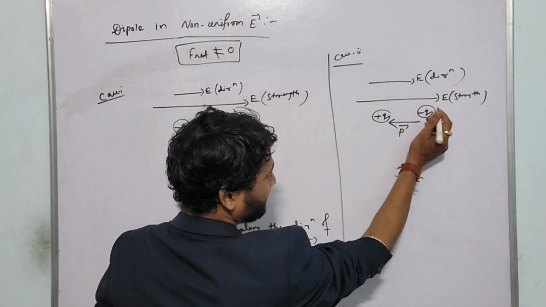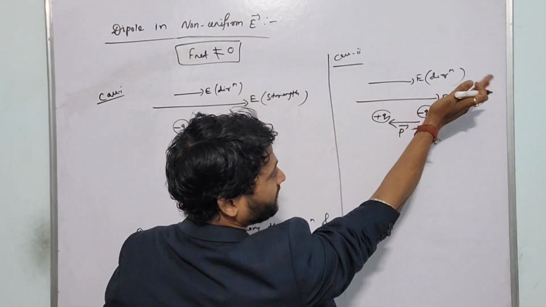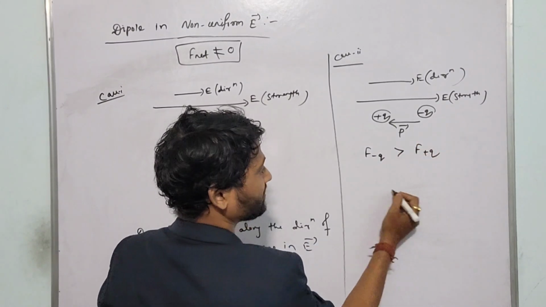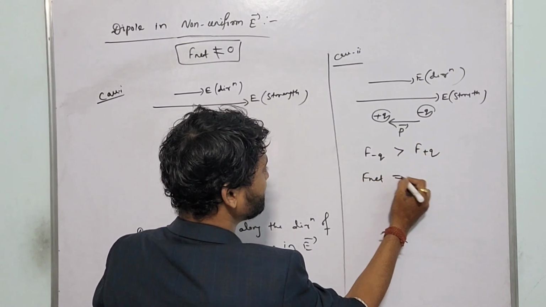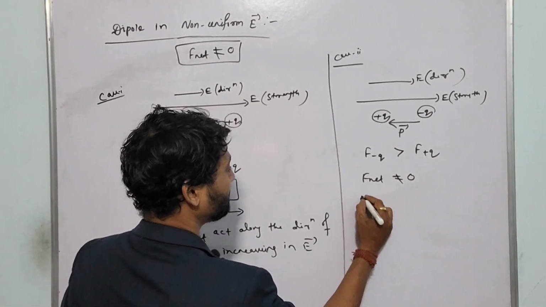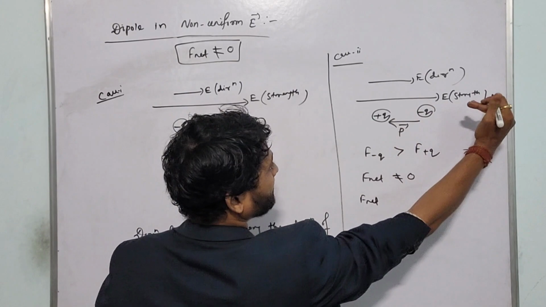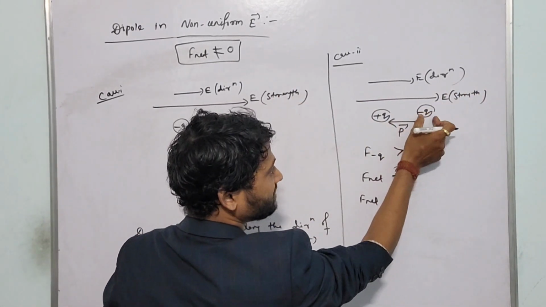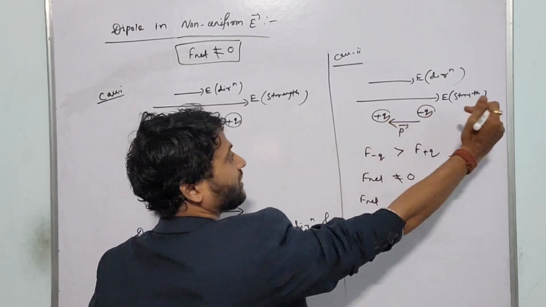See, obviously since field strength increases from left to right, force on minus q will be more than force on plus q. That means net force is not 0. And what is the direction of net force? From right to left, क्योंकि force on minus q will be more than force on plus q.